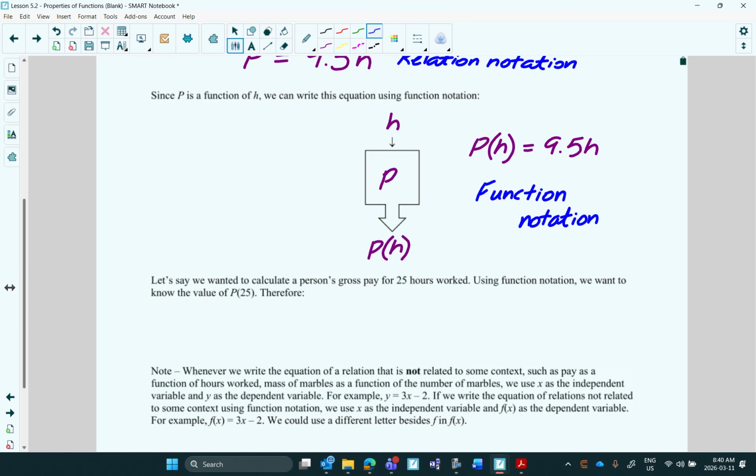So let's say we want to use this equation and we want to figure out how much pay for 25 hours worked. In other words, we want to find the pay at 25 hours. So to find the pay at 25 hours, all I do is plug 25 in for H. So instead of 9.5 times H, it's going to be 9.5 times 25.